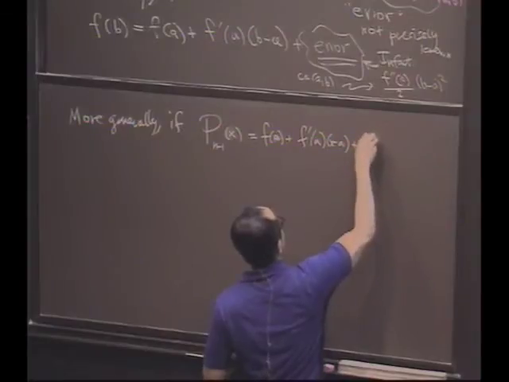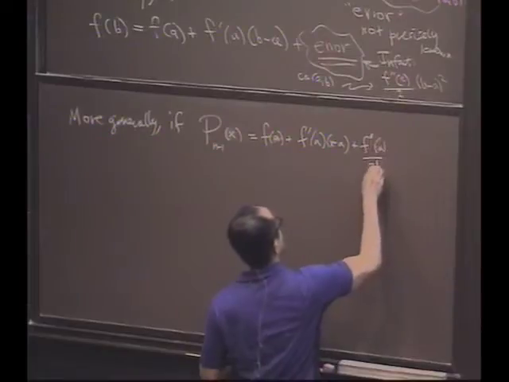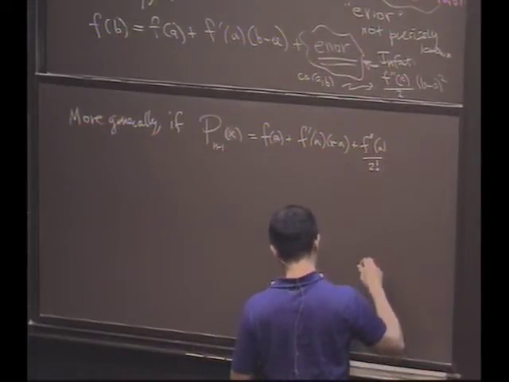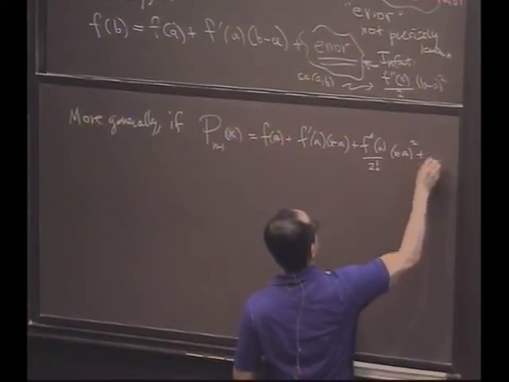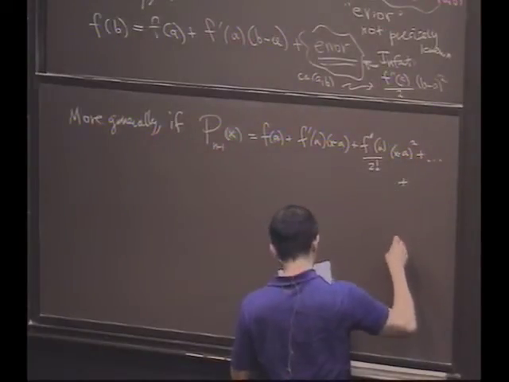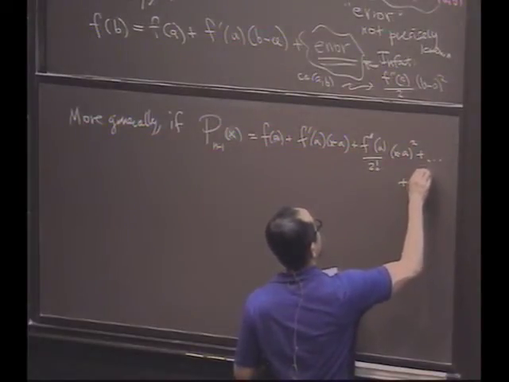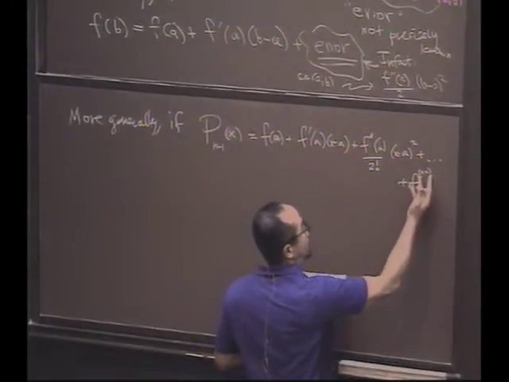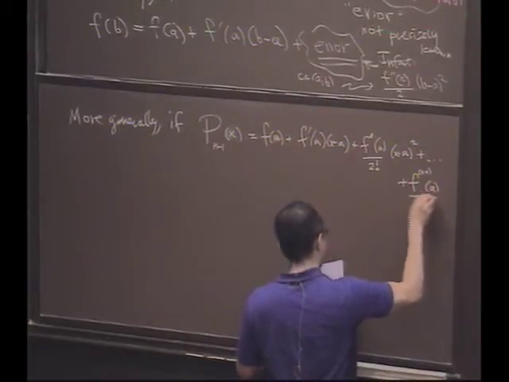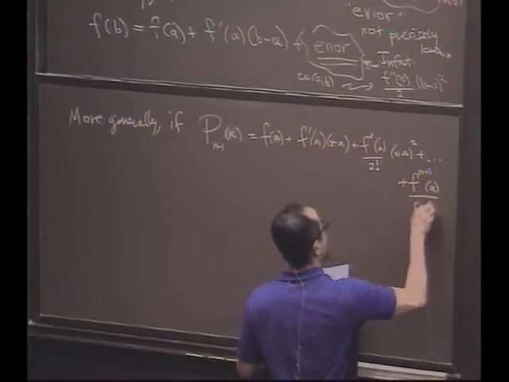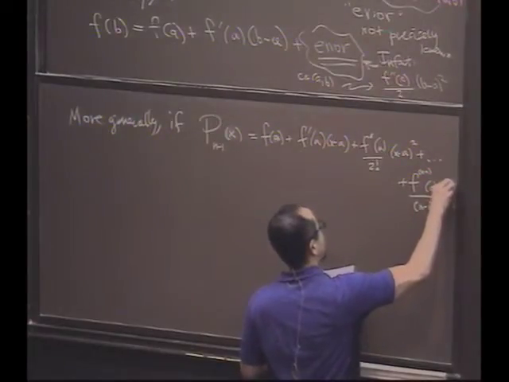Its third term is the second derivative at a over 2, and that's secretly 2 factorial, which is 2, times x minus a squared, plus dot, dot, dot, and let's continue until we get to the n minus 1th term. So this is f, the nth derivative is notated with an exponent, but in parentheses, at a over n minus 1 factorial times x minus a to the n minus 1.